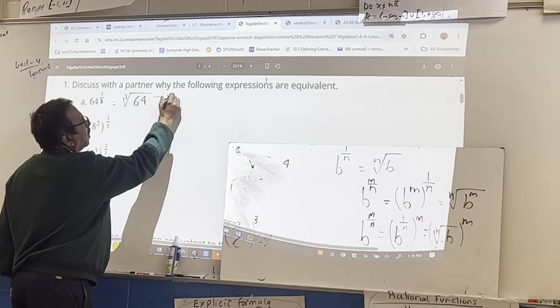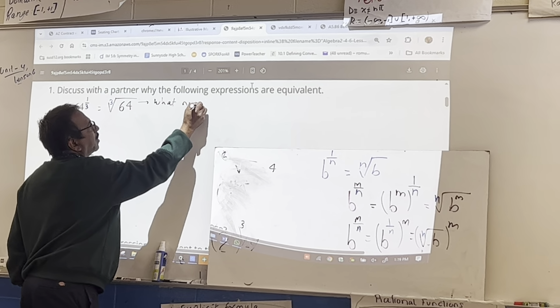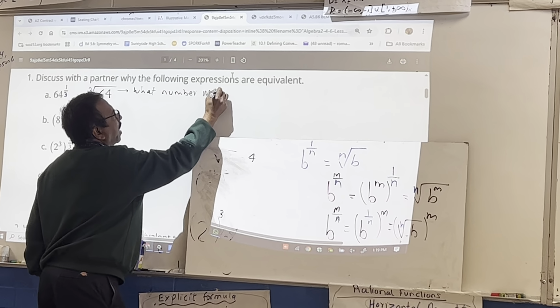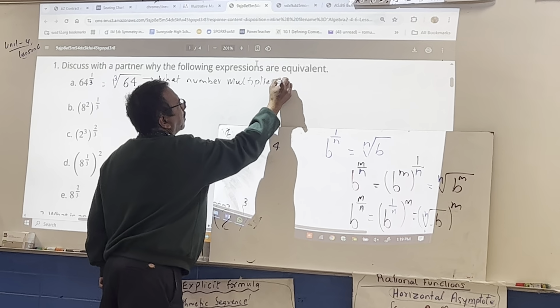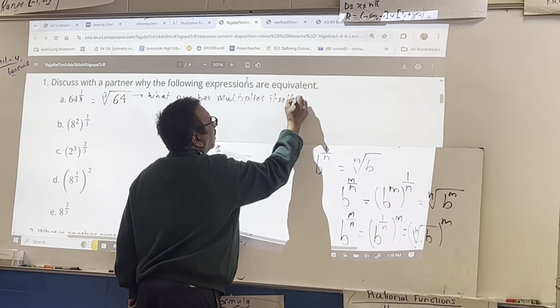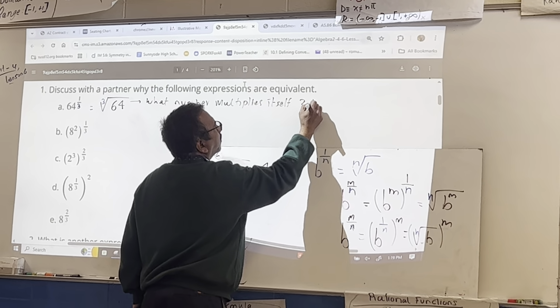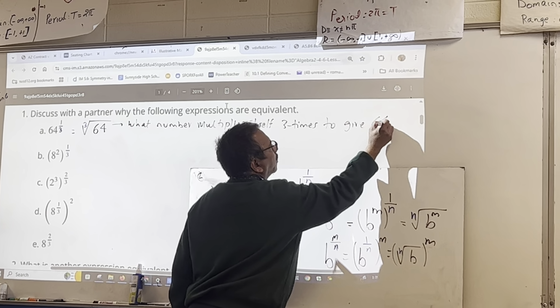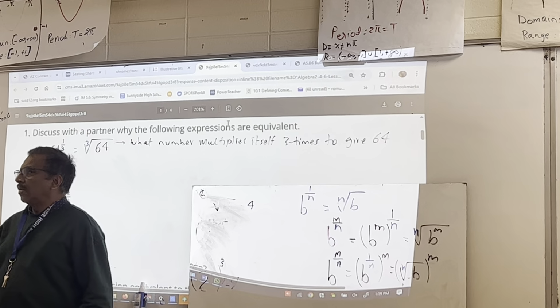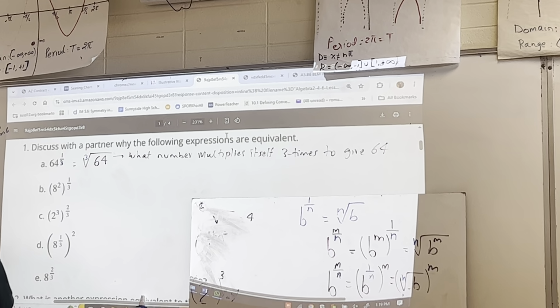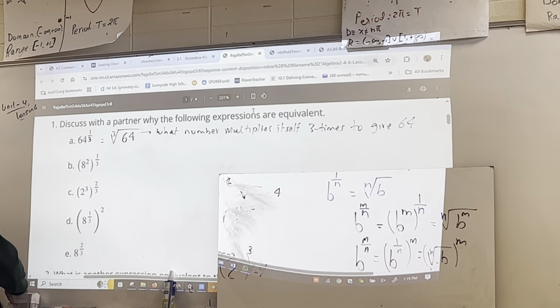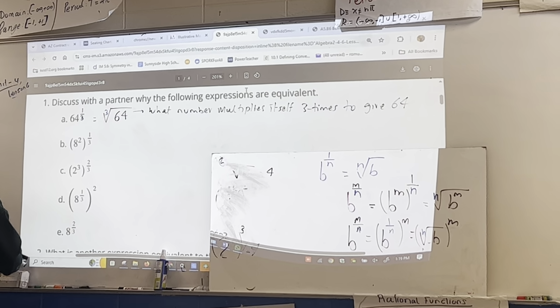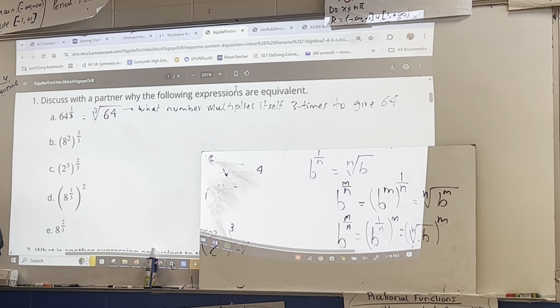What does this mean? What number multiplied by itself 3 times gives 64?